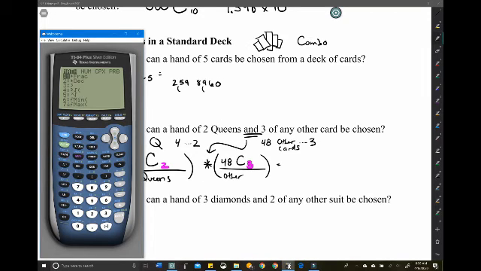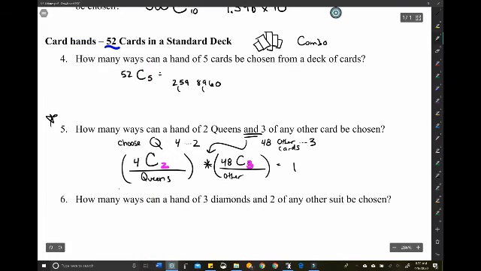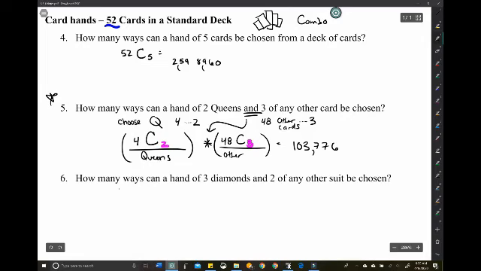4 math choose 2, times 48 math choose 3. And you can do it in one thing, 103,776. Okay, so it can be a little tricky, especially if you don't know what a card hand consists of.